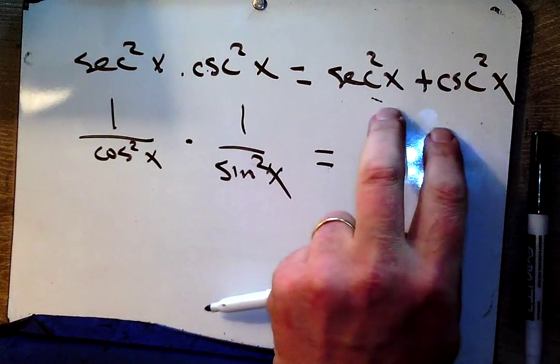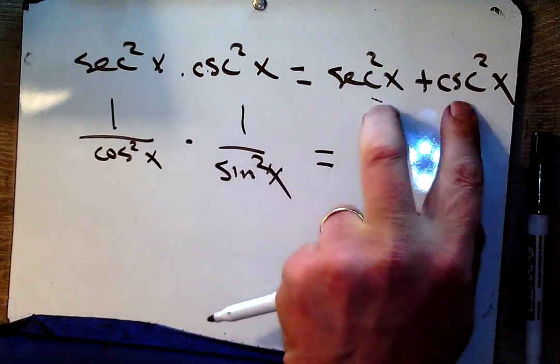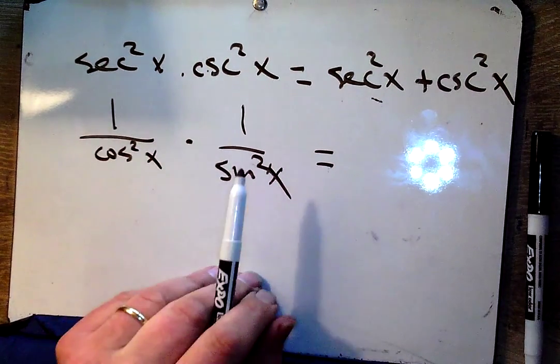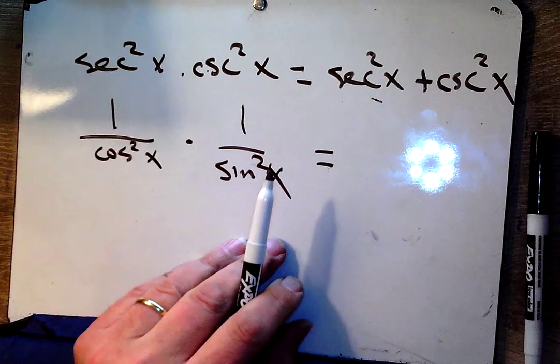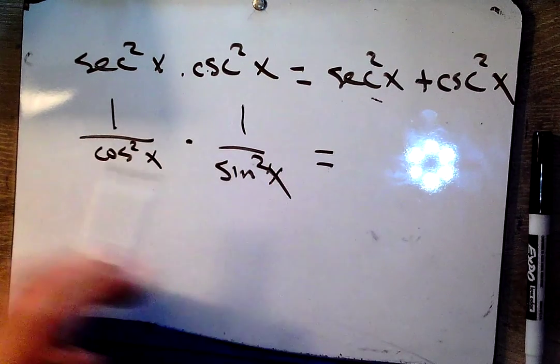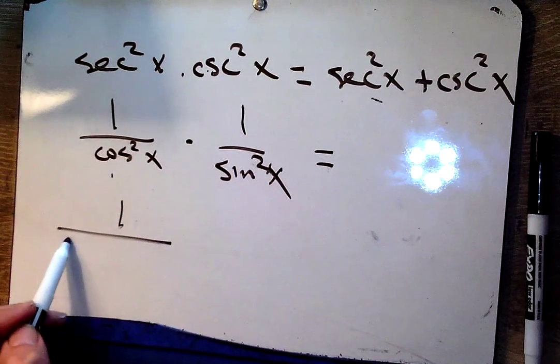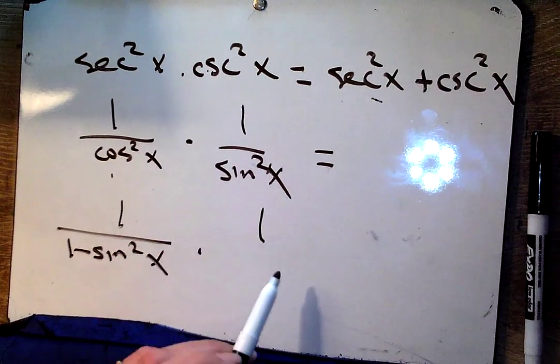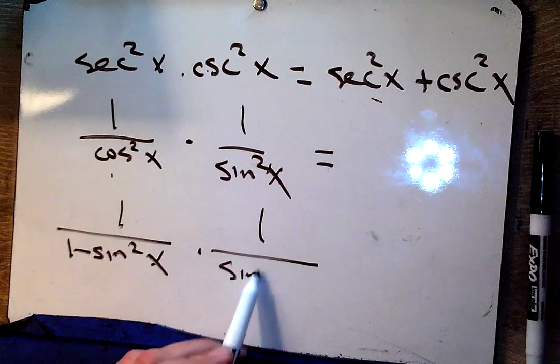Here, I might consider making a common denominator to take these 2 and bring it into 1. But here, what's to be done? Well, how about this? Cosine squared is 1 minus sine squared times sine squared on the bottom.